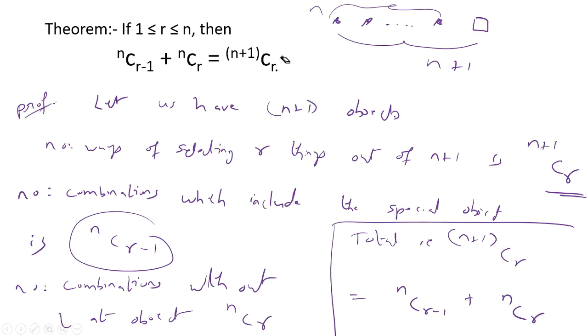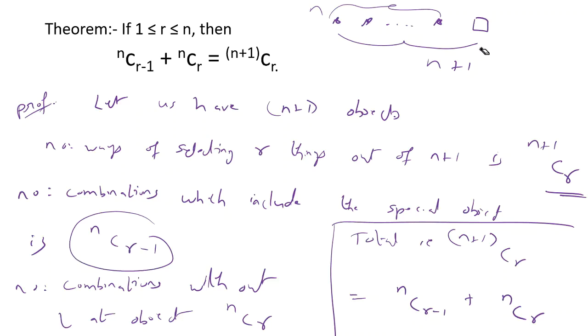Now, the number of combinations in which this object is always there: I have already selected this object. How many more objects do I have to select? I have to select r minus 1 more objects from the remaining n objects. This can be done in n choose r minus 1 ways. This is the total number of combinations which always includes this particular object.